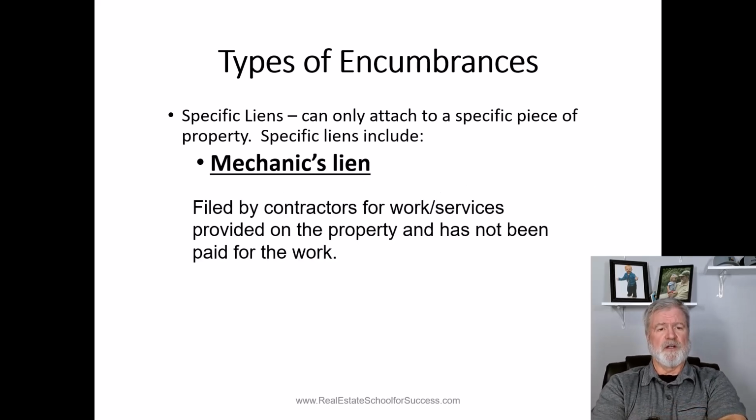The next example is something called the mechanics lien. Again, another specific lien. But mechanics lien typically is filed by contractors. If you hired a contractor to come out and put a new roof on your house, and then you didn't pay them, then they would file a mechanics lien against the property.